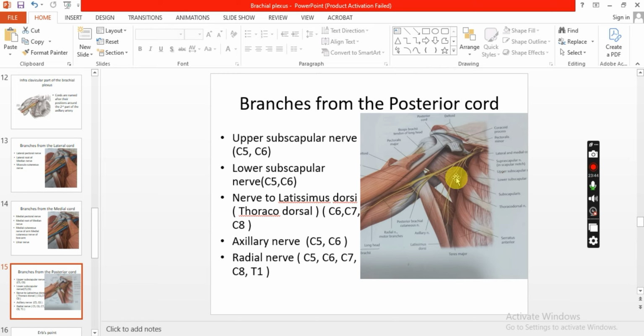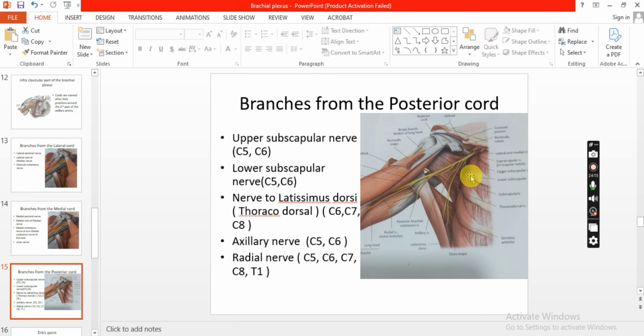Okay, then lateral to this we see another nerve here parallel to it, lying between the subscapularis and the teres major. This nerve, what I am touching right now, runs slightly parallel to it, in the gap between the teres major, this is the teres major muscle, and this is the subscapularis. This nerve is the lower subscapular nerve.